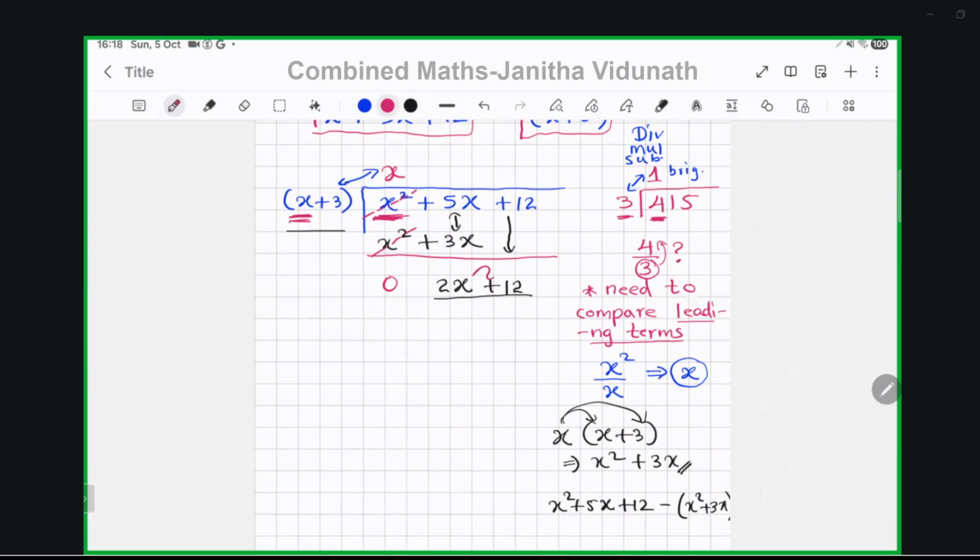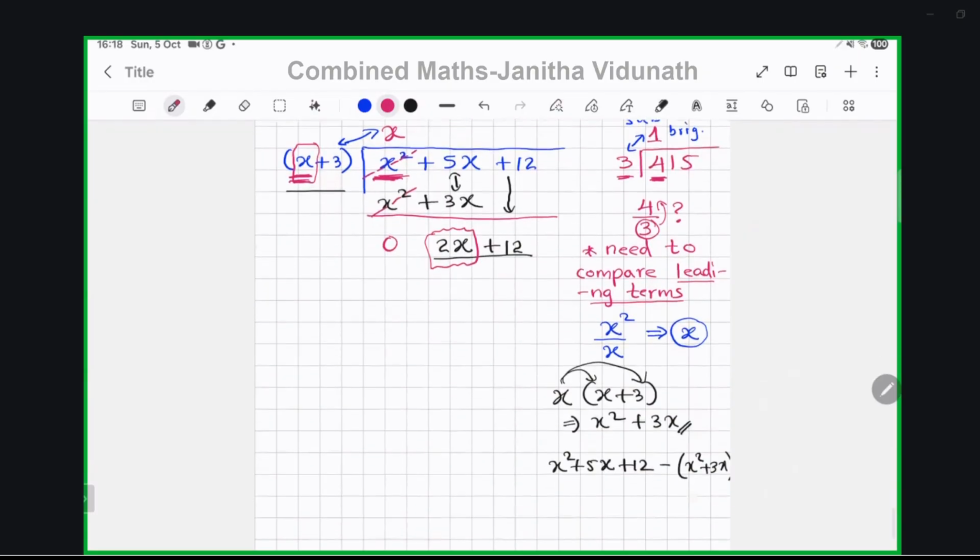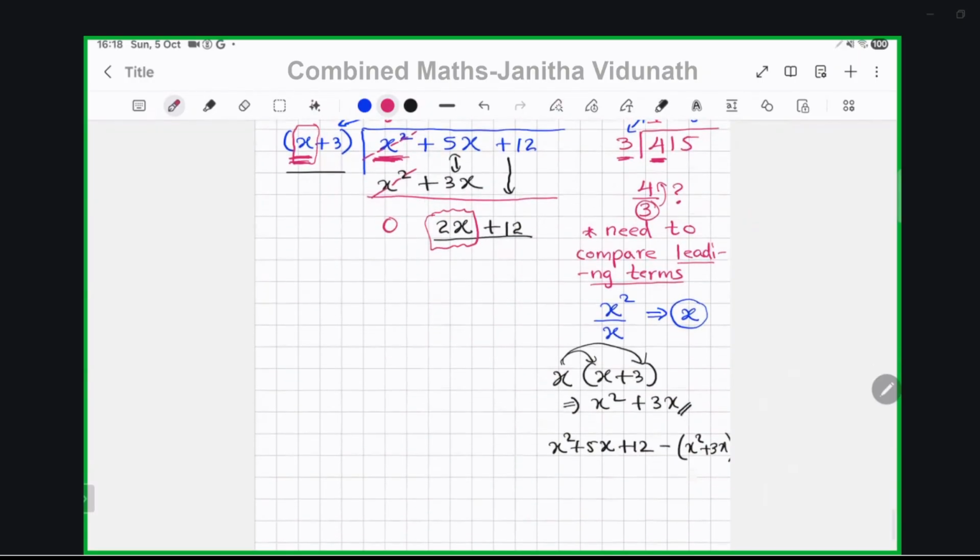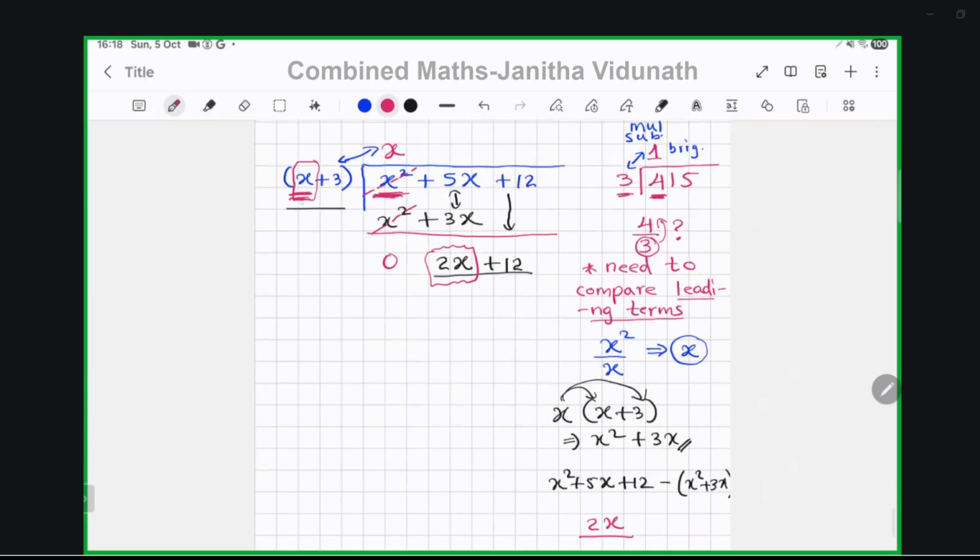Again, we need to compare the leading terms. Again, I repeat, we need to divide the leading terms to find the value for our quotient. Here, the leading term of 2x plus 12 is 2x. Then we need to divide that by the leading term of the divisor.